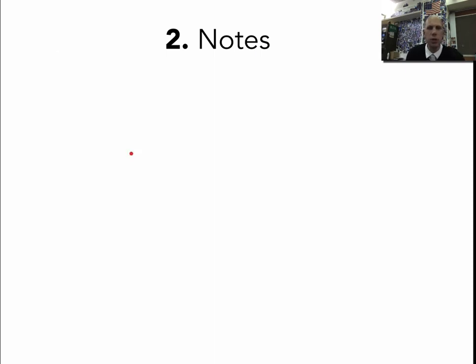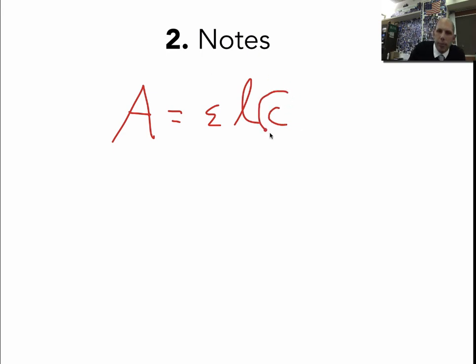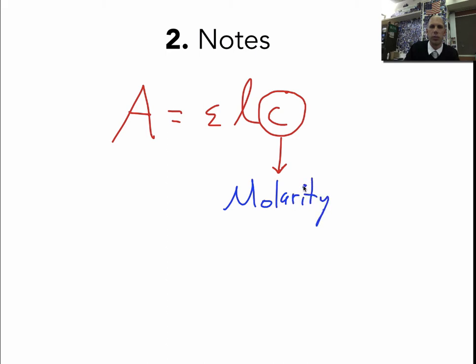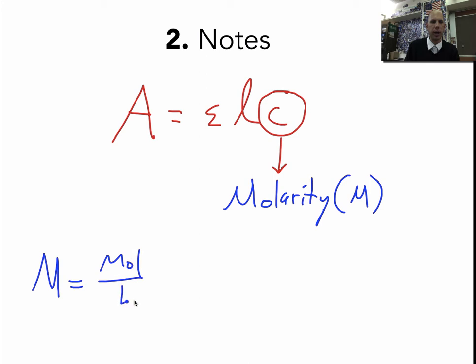So we're going to look at some notes here. We're going to take a look at this equation here, the Beer's Law equation, and we're going to unpackage what we mean by concentration. And concentration in chemistry is called molarity. And molarity has a symbol M. And the equation for molarity is moles divided by liters.